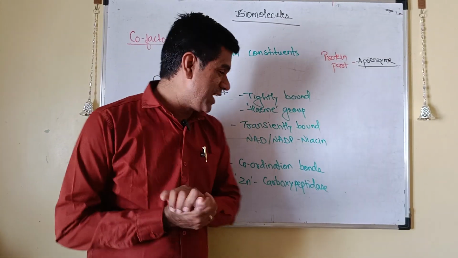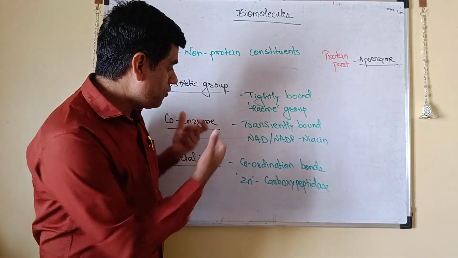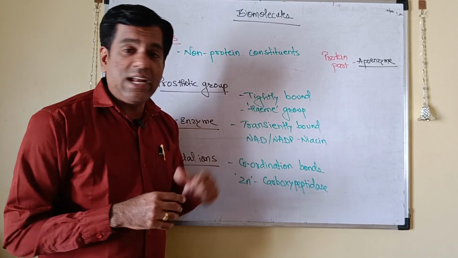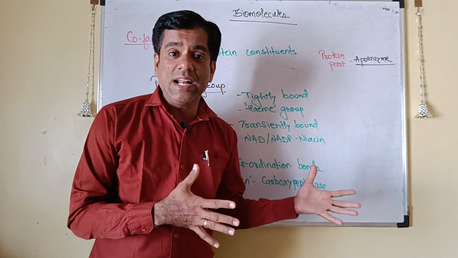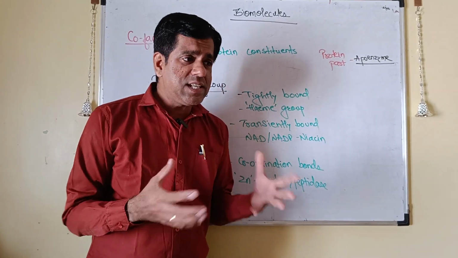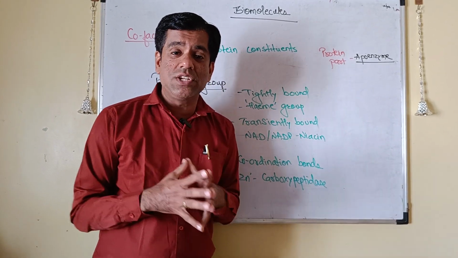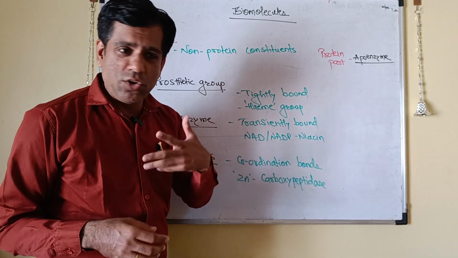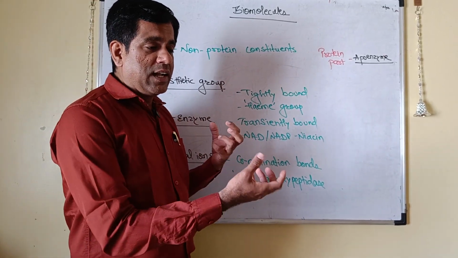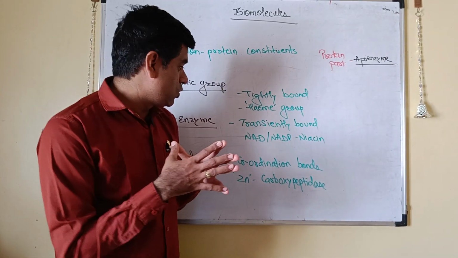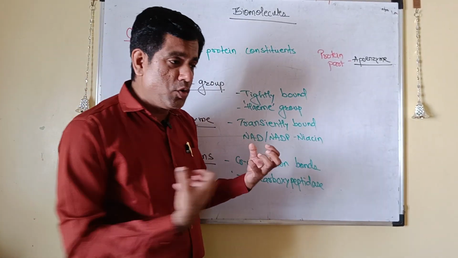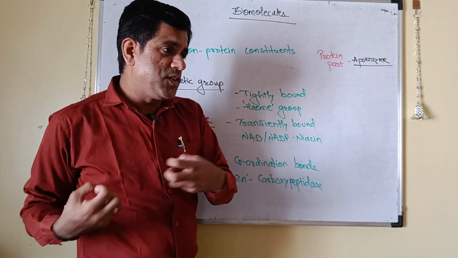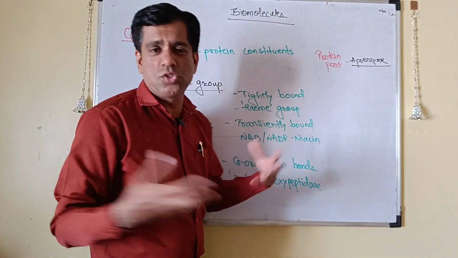Let us not call it nicotinic acid, let us call it niacin, a part of NAD, nicotinamide adenine dinucleotide, and NADP, nicotinamide adenine dinucleotide phosphate, which act as coenzymes for various dehydrogenases, oxidoreductases, which we came across during the Krebs cycle or glycolysis, acting as transient carriers of hydrogens. So it is only transiently bound. Whenever you want to do the reaction, that time it will be bound to the surface of the enzyme. Then it can leave the surface of the enzyme, go to your ETS, and so on and so forth.